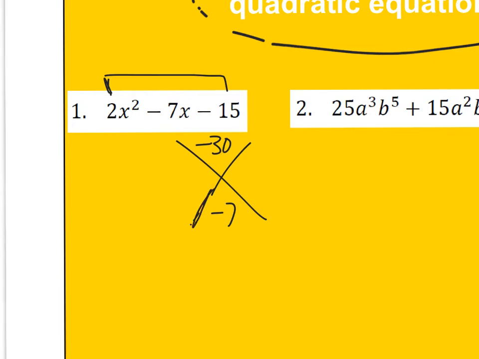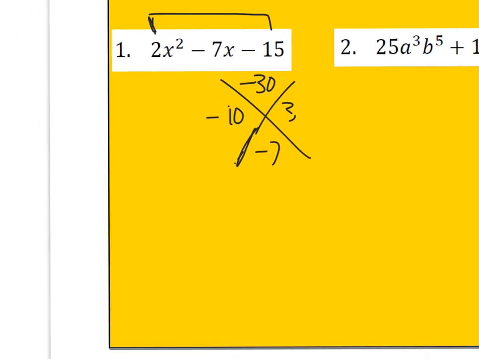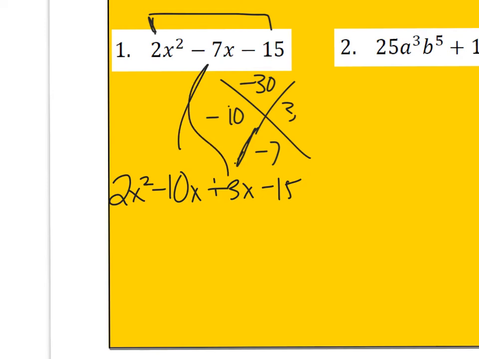I need to start playing around with what multiplies to negative 30 but adds up to negative 7. When I do that, I come up with negative 10 and positive 3. Now, my next step is to rewrite the middle term using negative 10 and positive 3.